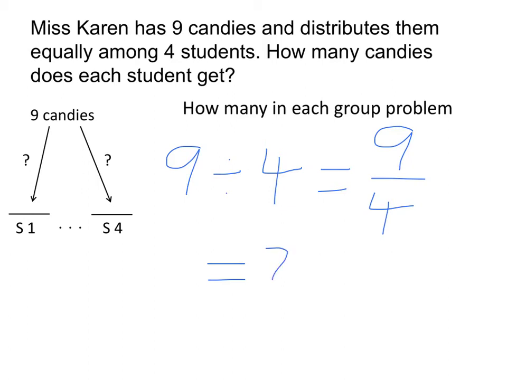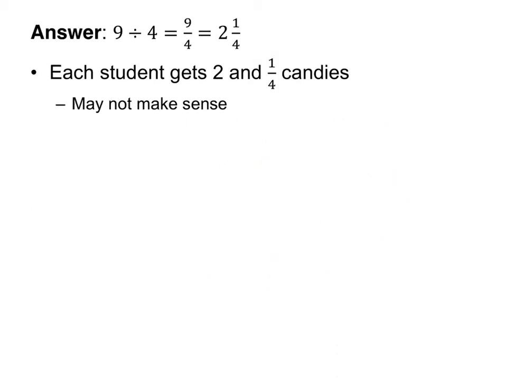As a mixed number, this would be 2 1/4. So what does that answer, 2 1/4, mean? One way we could answer this problem is that 9 divided by 4 is 9/4, which is 2 1/4. As a mixed number, this would mean that each student gets 2 1/4 candies.